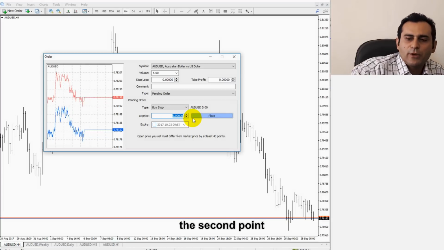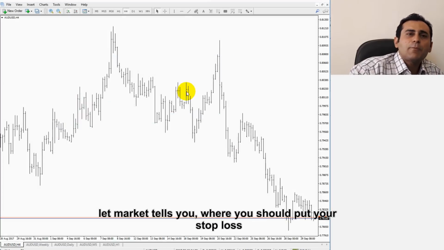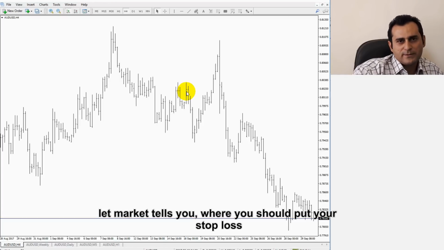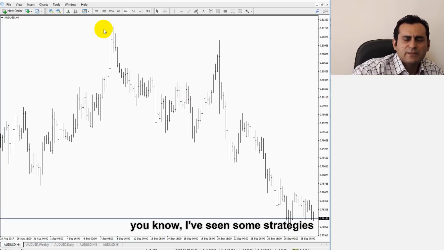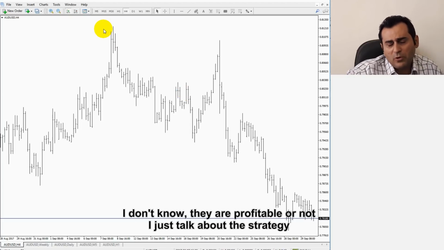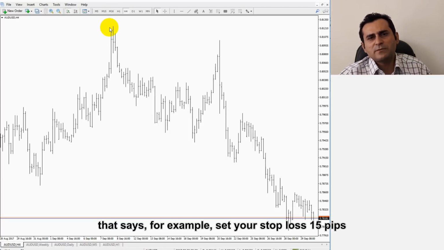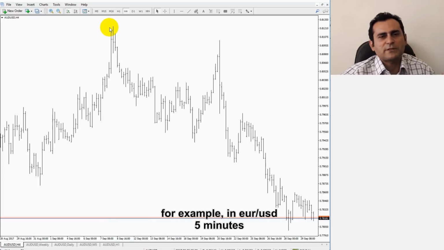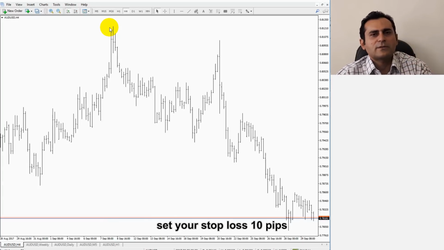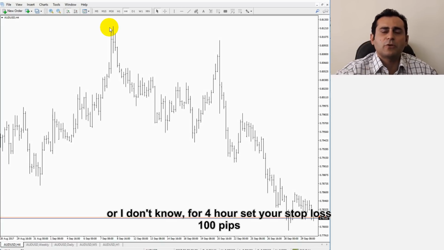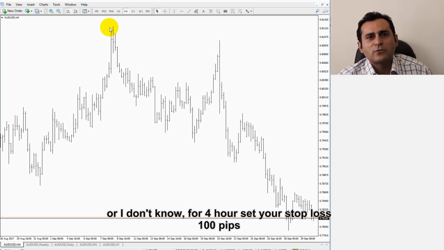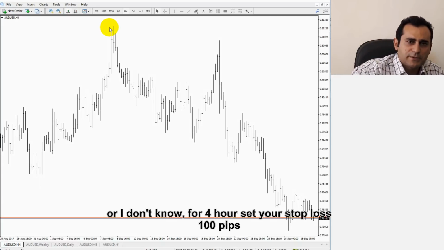The second point is: let the market tell you where you should put your stop loss. I've seen some strategies, I don't know whether they're profitable or not, that say, for example, set your stop loss 15 pips, in EURUSD on 5 minutes set your stop loss 10 pips, or for hours set your stop loss 100 pips.